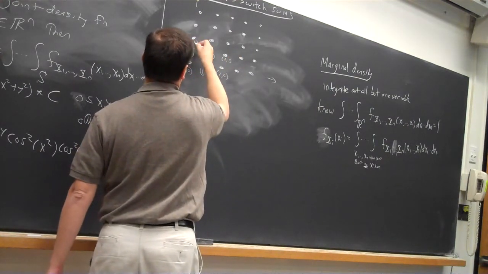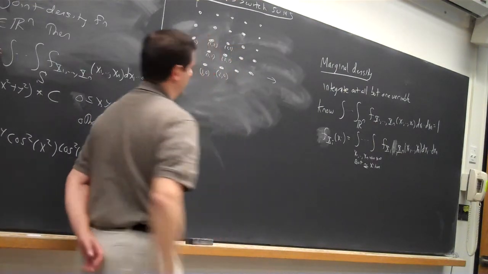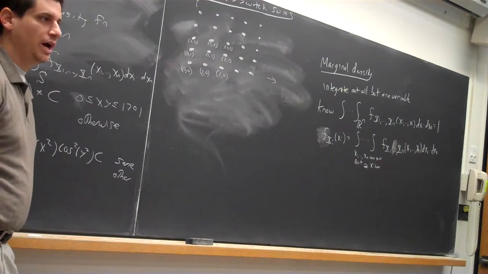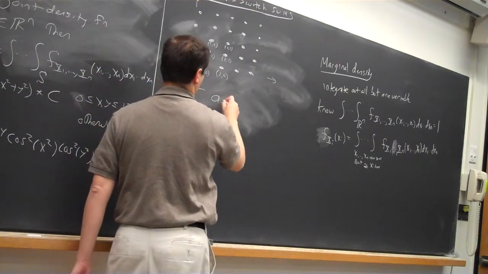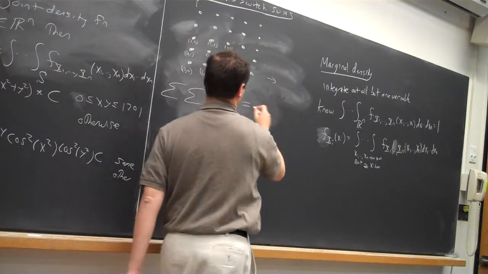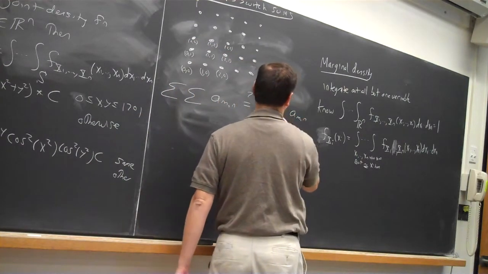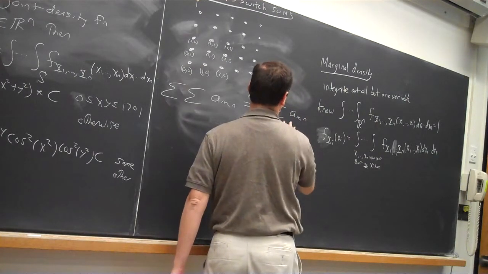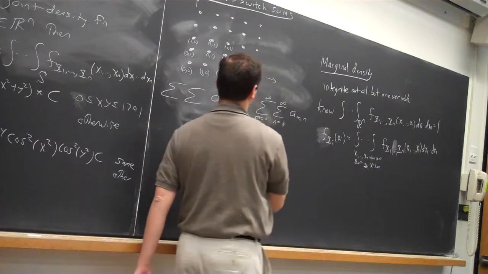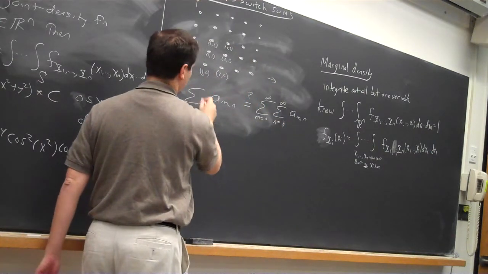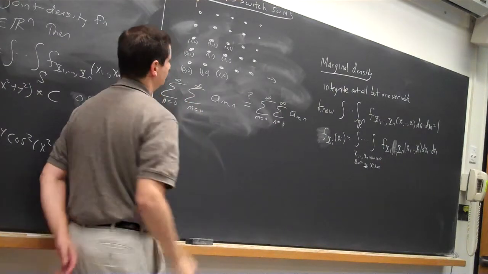This is the point (0,2), (1,2), (2,2), and so on. Okay? And I'm going to give you a sum of numbers a_{m,n}. In one, I'll have n go from 0 to infinity first, and then m go from 0 to infinity. And in the other, in a surprising move, I will have m go from 0 to infinity, and then n go from 0 to infinity.